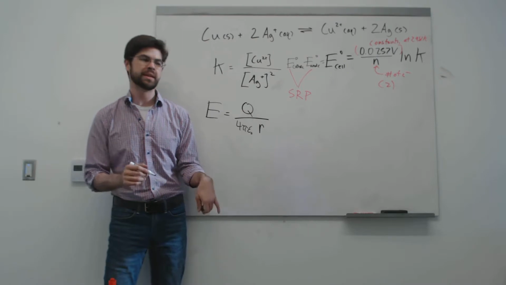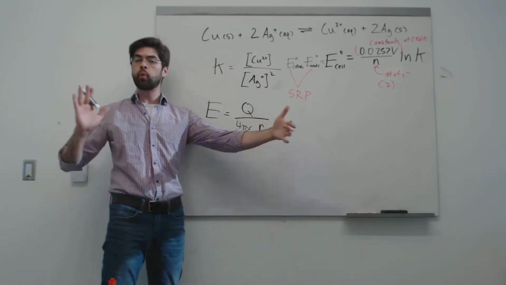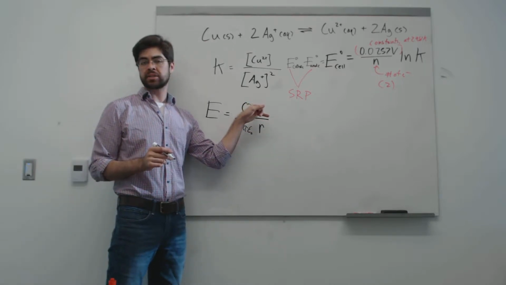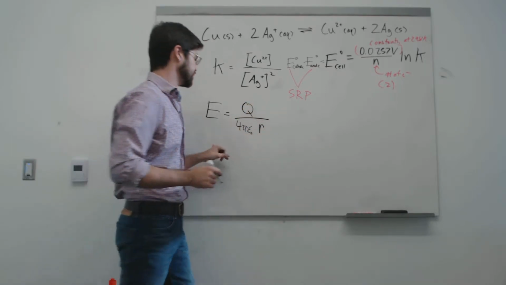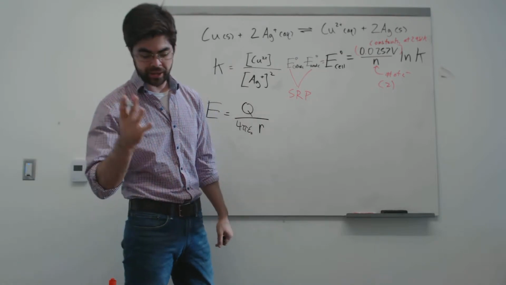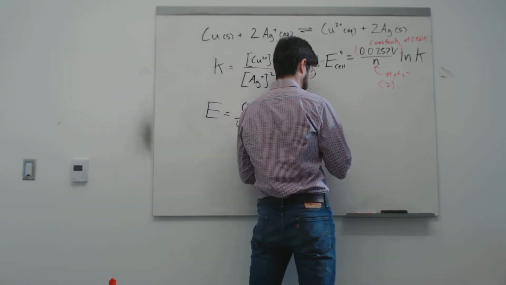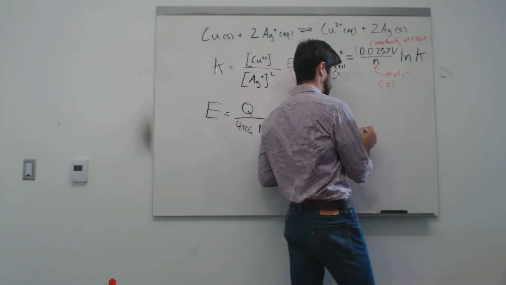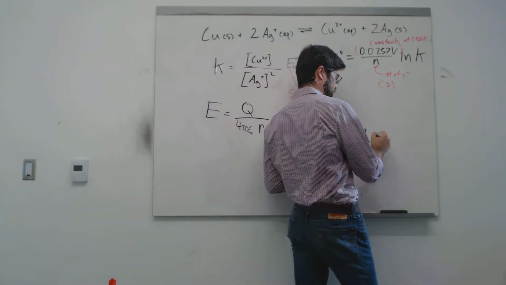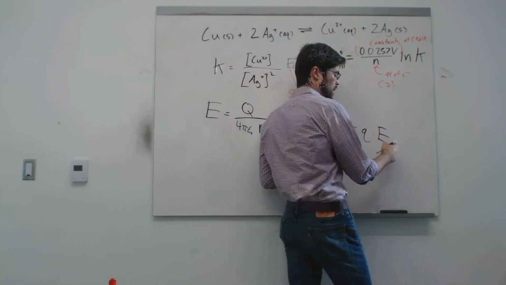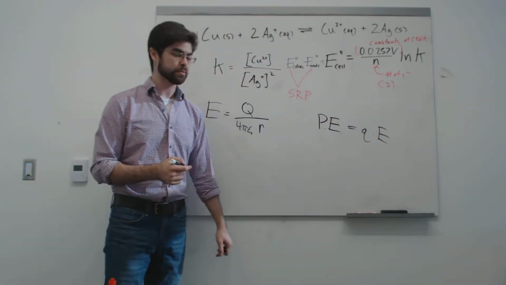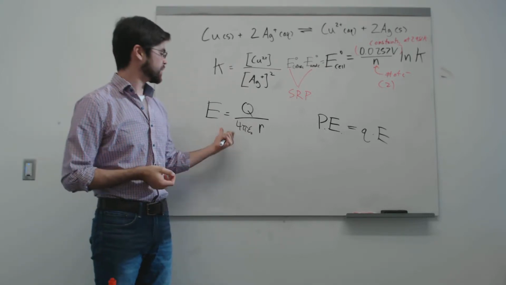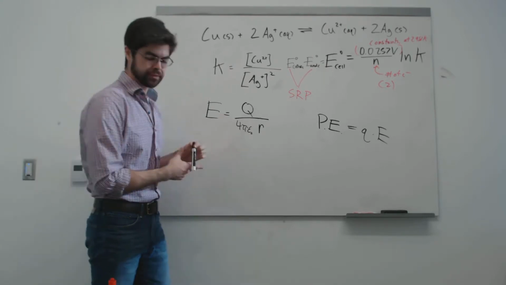So it's a potential in the sense that it depends upon where an electron is relative to this test charge. Okay, that's just the potential. If I want to calculate potential energy, though, that is going to be equal to another charge times the potential that it's experiencing. So that's a subtle point here.